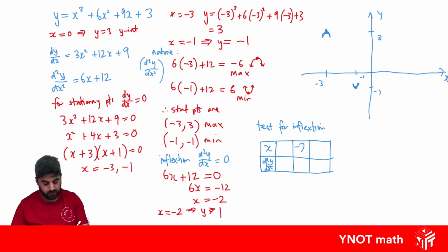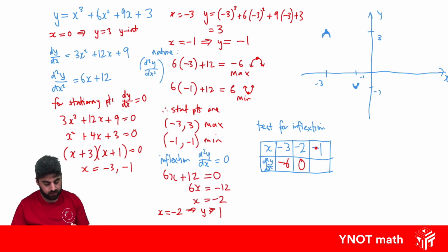This is minus 2, so we'll check minus 3 and minus 1. If we sub minus 2 into our second derivative, we get 0, because that's how we got it in the first place. If you sub minus 3 into the second derivative, we get 6 times minus 3, which is minus 18 plus 12, gives us minus 6.